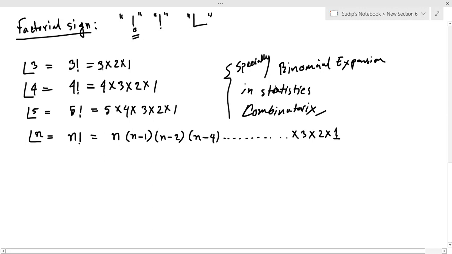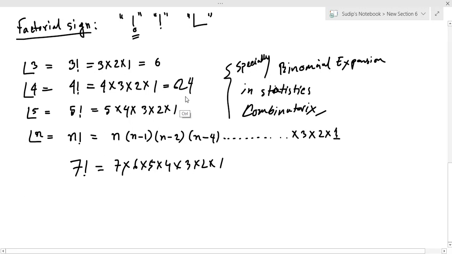When 3 factorial is given, it is 3 into 2 into 1. When 7 factorial is given, you write 7 into 6 into 5 into 4 into 3 into 2 into 1. So what is the result? 3 factorial is 3 into 2, which is 6. 4 factorial is 24, and 5 factorial is 120.